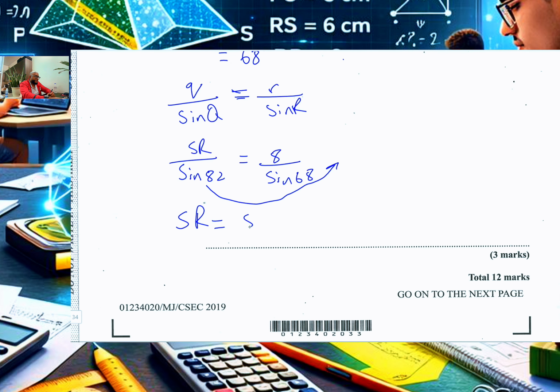SR would be equal to 8 over sine 68 multiplied by sine 82. When you work on this, make sure you put this in brackets: open bracket 8 divided by sine 68, close bracket, multiplied by sine 82. What is SR equal to? 8.54 centimeters, right? So that 8.54 will be my other parallel line.